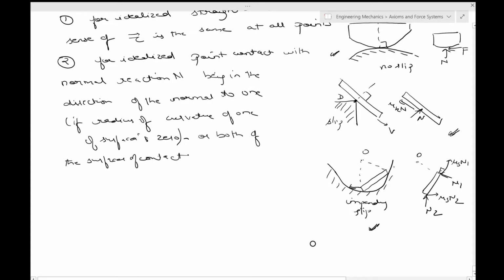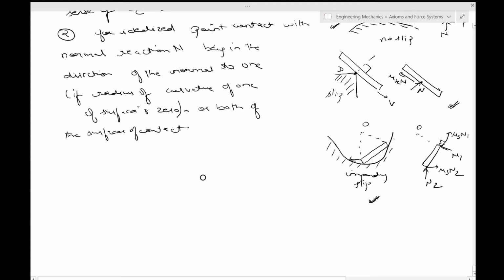So you can check some of these cases. I mean, the last case, which is also there in your text, perhaps I should do this.